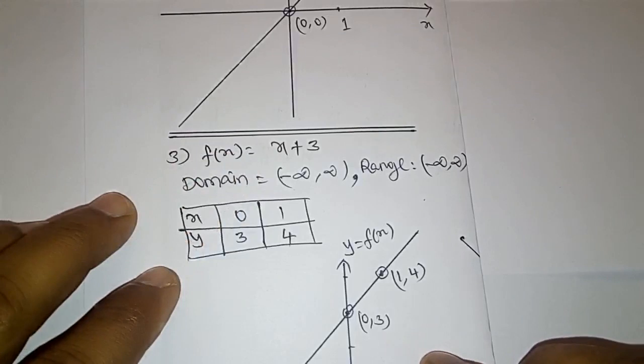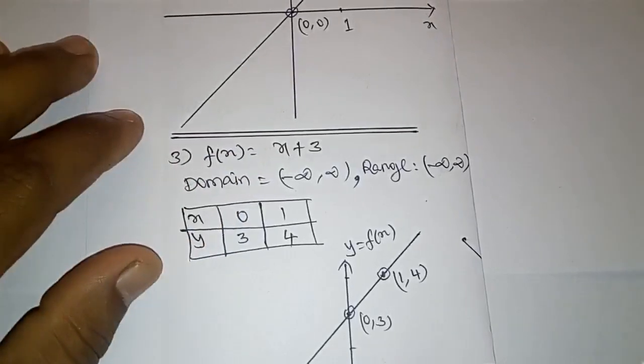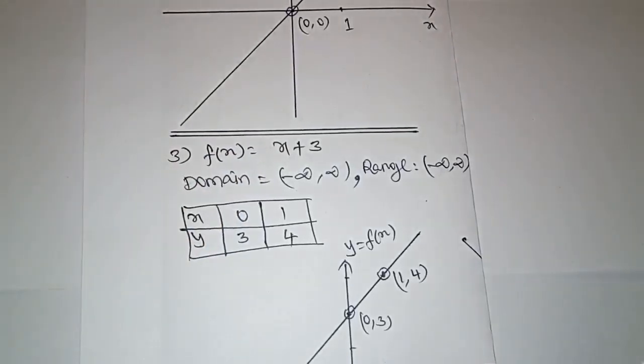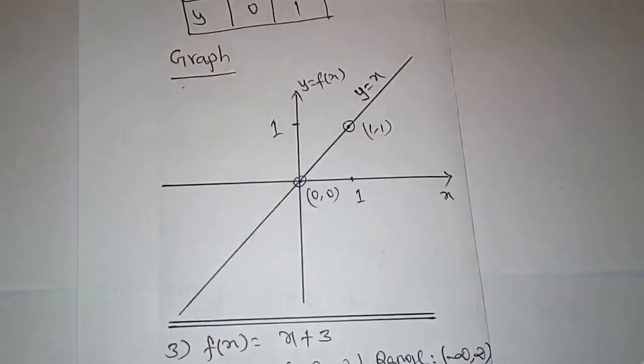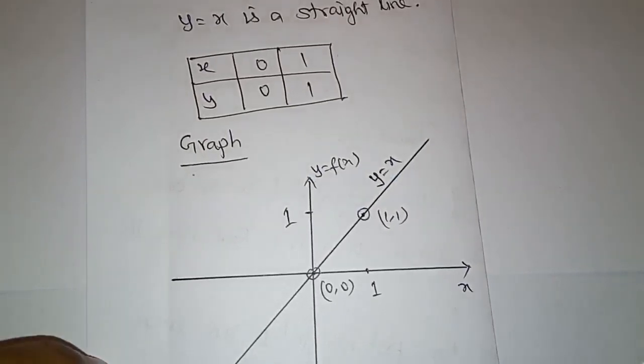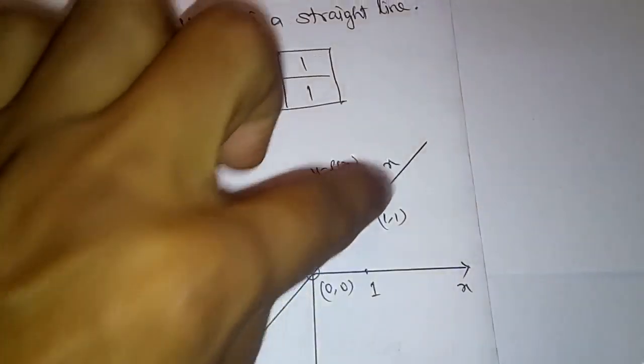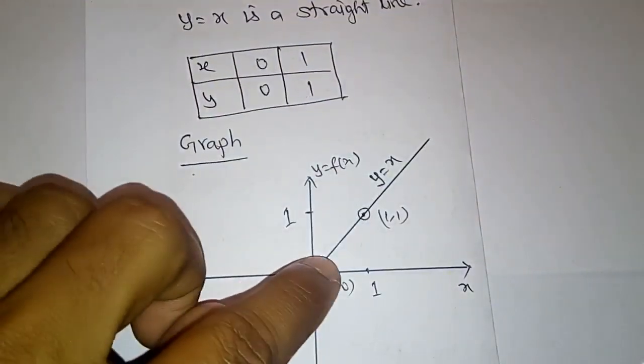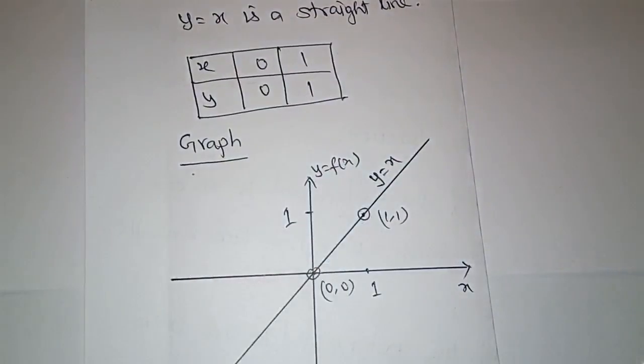Now we have to compare the two graphs, f of x equal to x and f of x equal to x plus 3. F of x equal to x is a straight line which passes through (0, 0) and makes 45 degrees with the x axis.